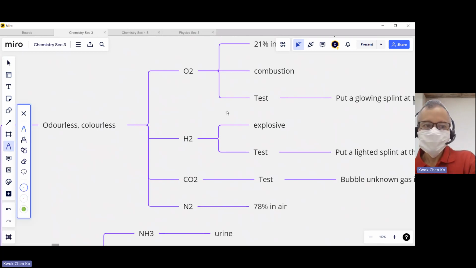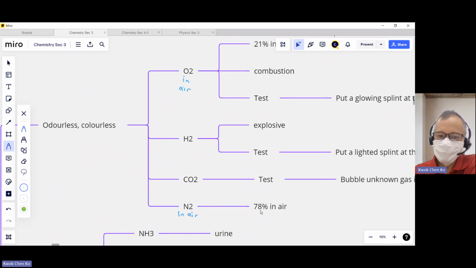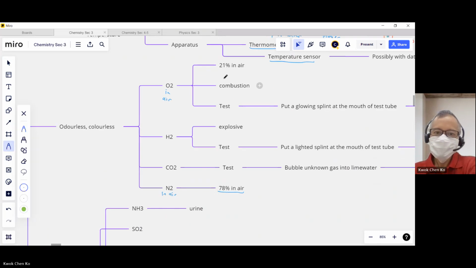But I want you to be very clear. This is, of course, in air. O2 is inside air, N2 is in air as well. And I want you to remember this is the percentage of N2 in air, and this is the percentage of O2 in air.